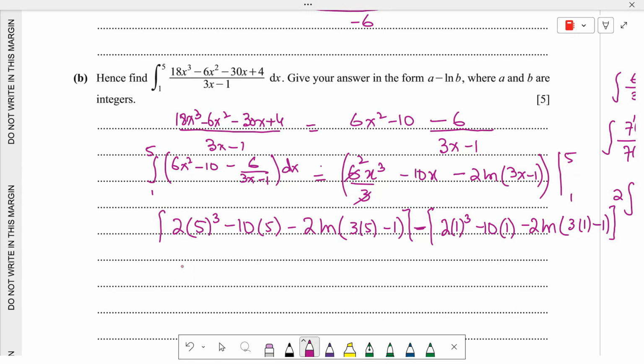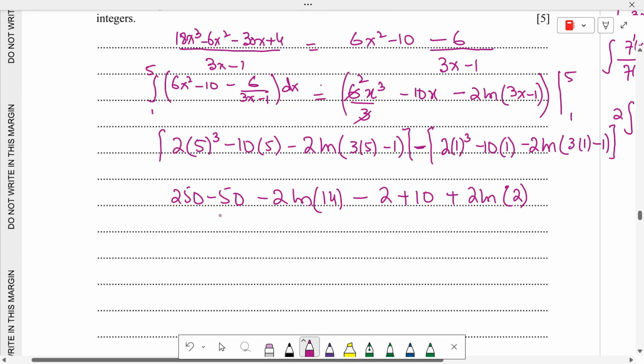Okay, 2 times 5 cube is 250, and then minus 50, and then minus 2 ln 15 minus 1, which is 14. Okay, minus 2 minus 10 plus 10, and then plus 2 times ln 3 minus 1, which is 2.